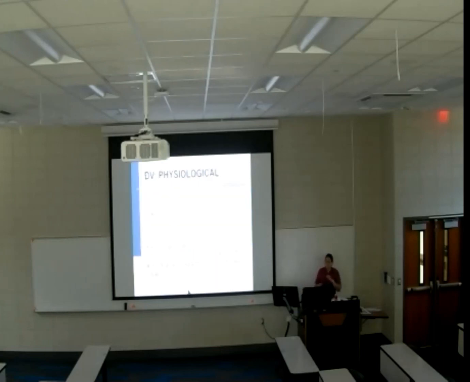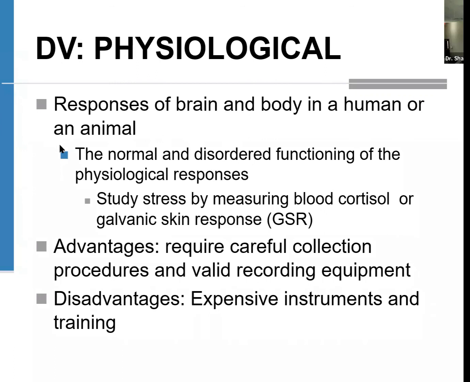The last measurement that I would like to talk about is the physiological method to measure that dependent variable. In this regard, let's think about the responses of the brain of a human or an animal. So, for example, we have a general idea of what normal behavior is, right?